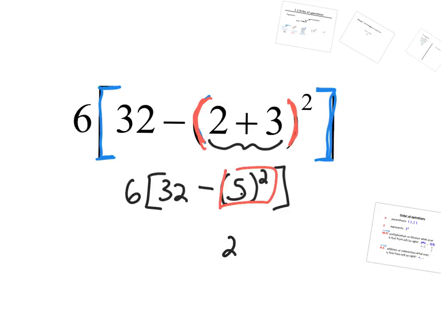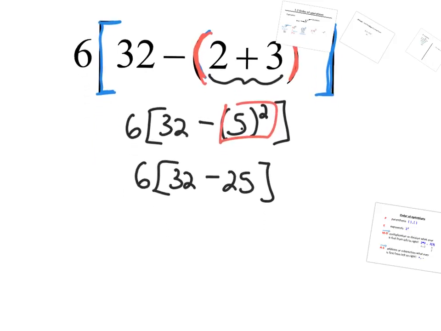You square the 5. You put the brackets, the minus, and the 32, and the 6 outside. Inside of the brackets, we're not done. Now you guys are going to subtract 32 minus 25. So that's going to be 7. You bring down the brackets and the 6 outside.